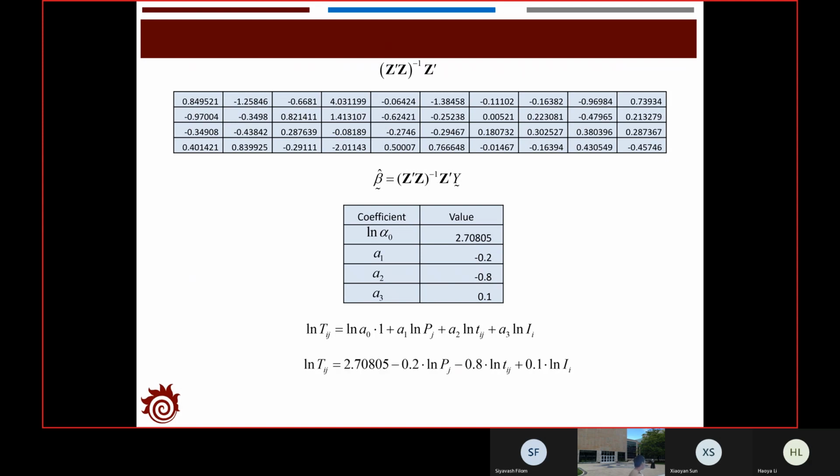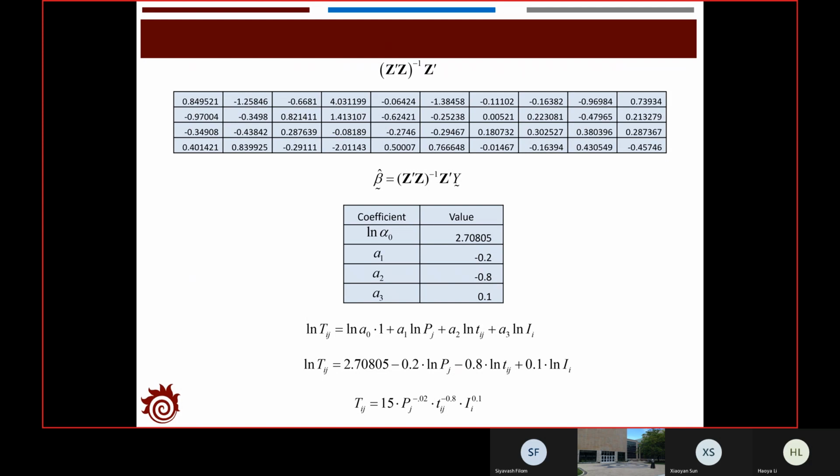So ln Tij will equal this equation, and then we can convert it back to the original formula by taking the exponential on both sides. Now we have 15 times Pj to the power minus 0.2, times Tij to the power minus 0.8, times Ii to the power minus 1.